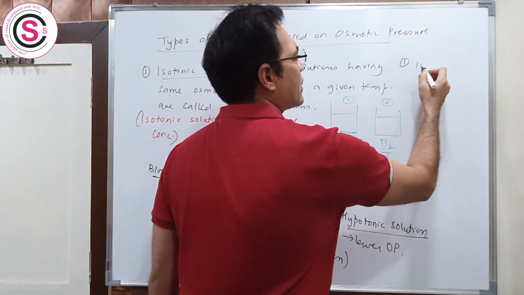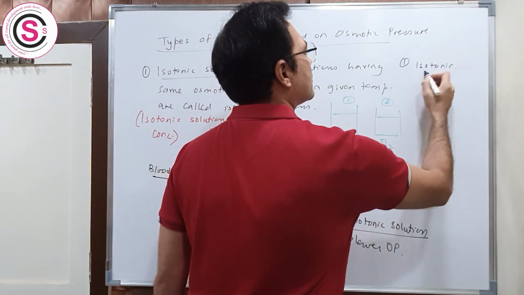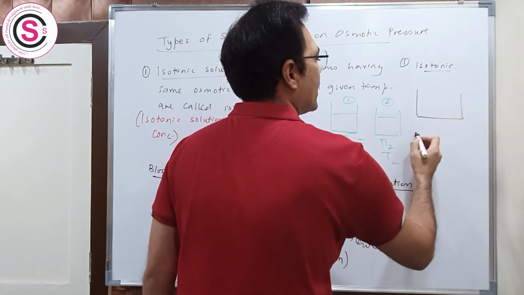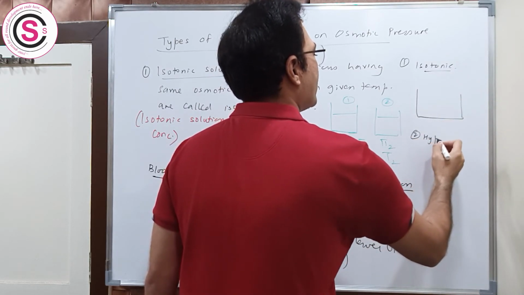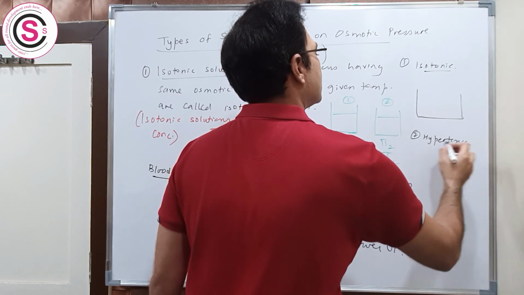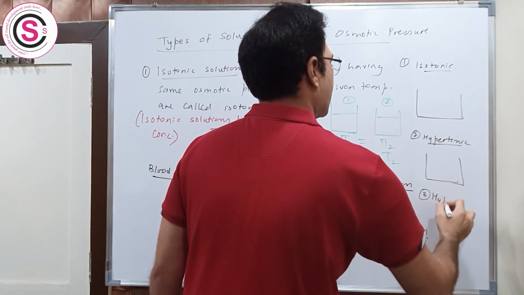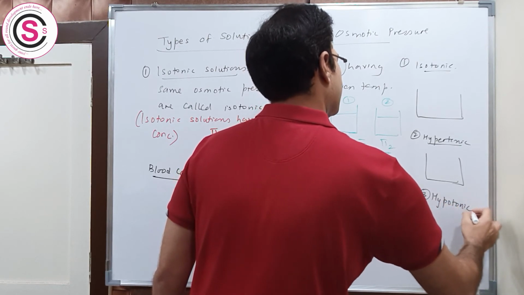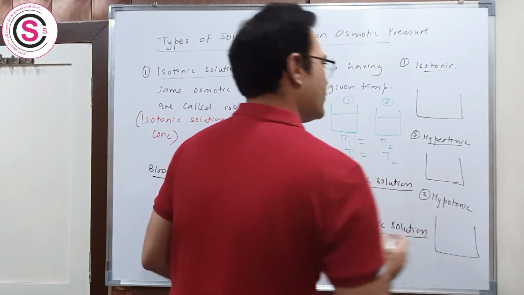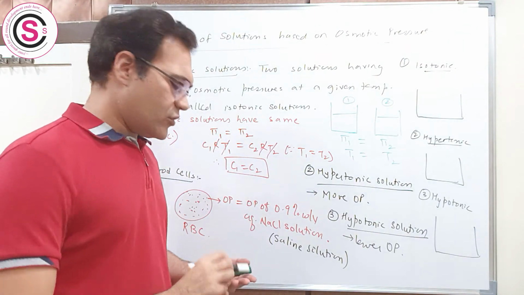The first solution is isotonic. The second solution is hypertonic. And the third solution is hypotonic. Correct? I have three different solutions.